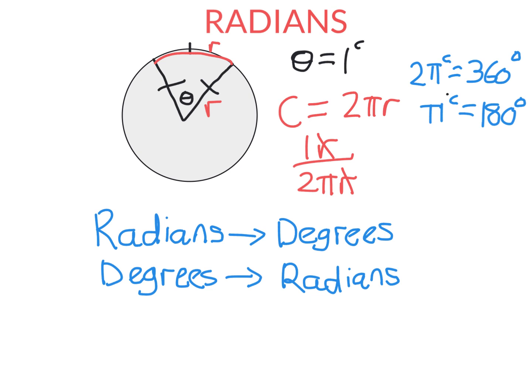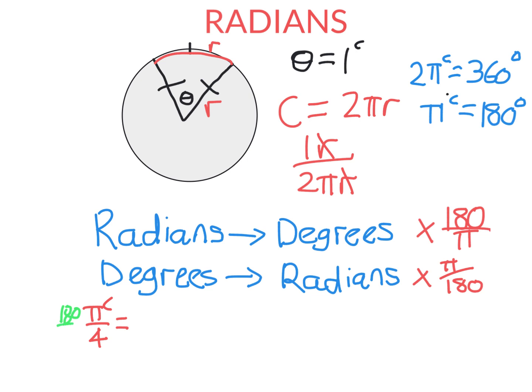So if you want to go from radians to degrees, you simply times by 180 over pi. And if you want to go from degrees to radians, you simply times by pi over 180. So for example, pi on 4 radians, if you want to know what that is in degrees, all you do is times by 180 over pi.